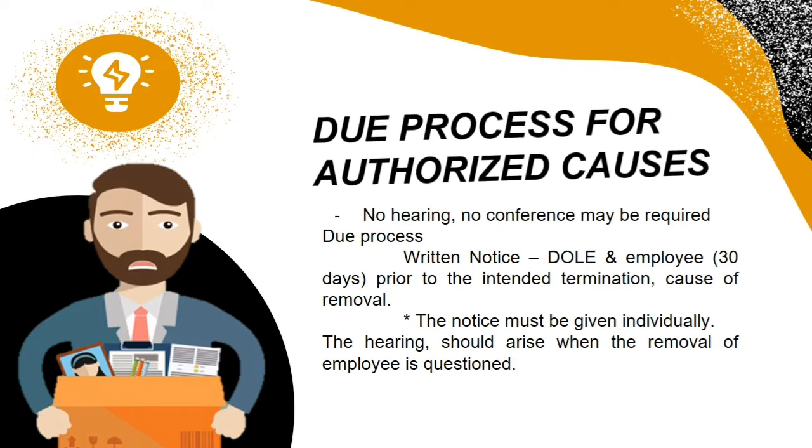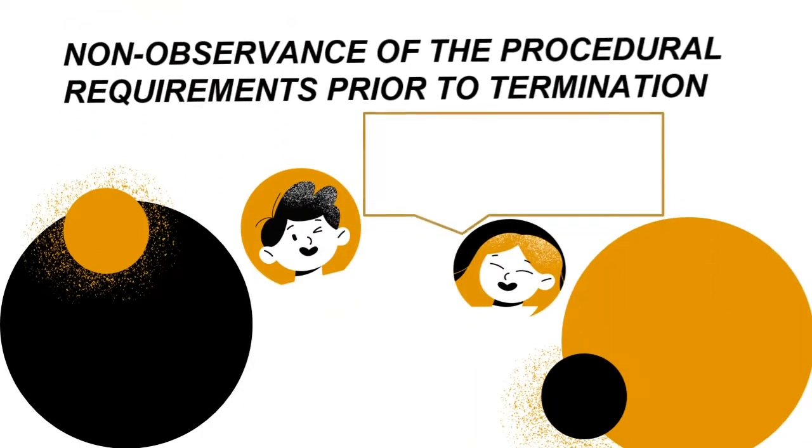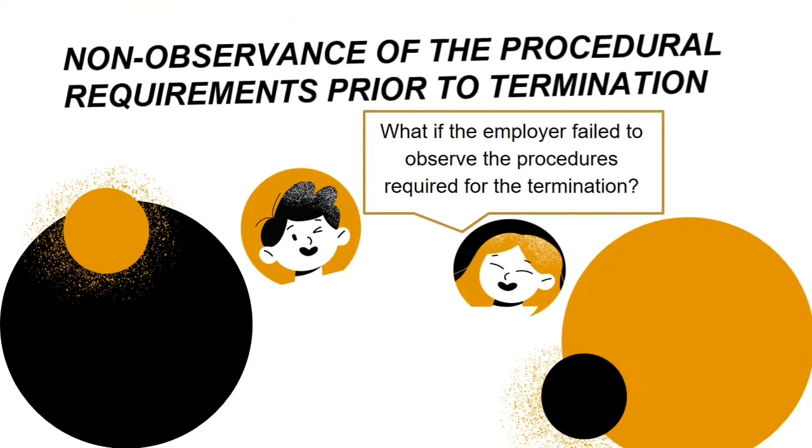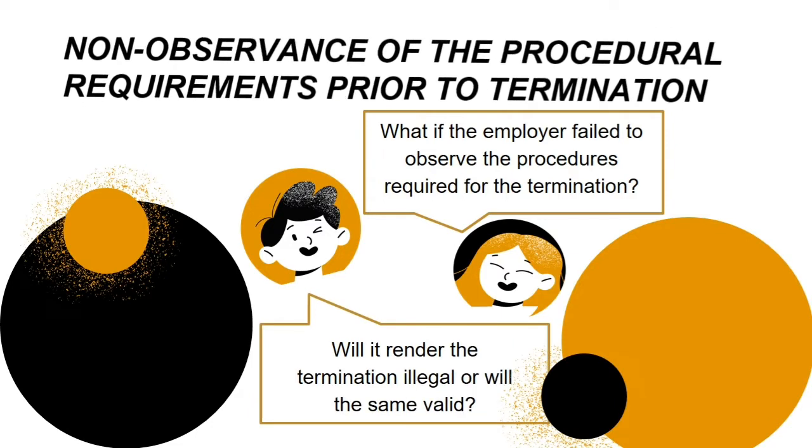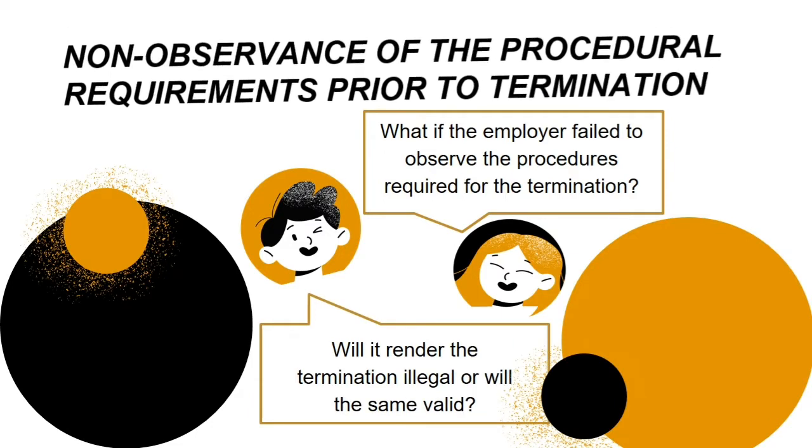negligence of the employee. So now my question, class, is what if the employer failed to observe the procedures required for the termination? Will it render the termination illegal, or will the same be valid?